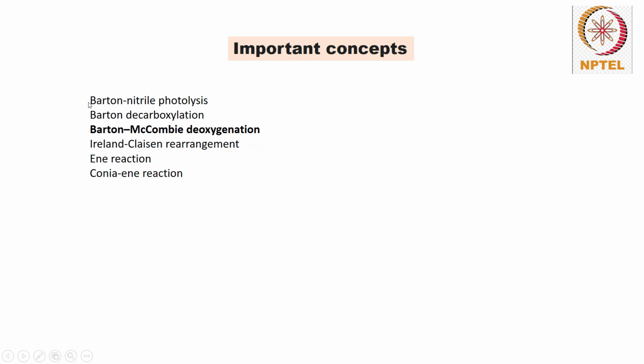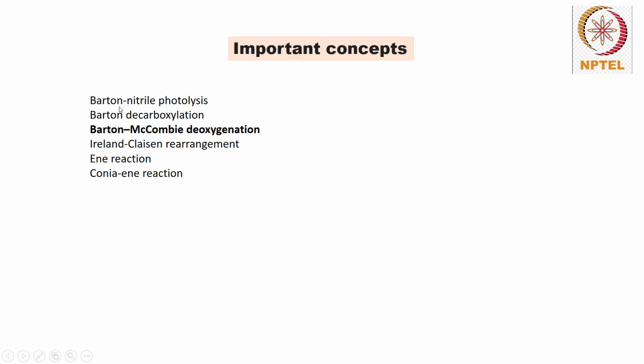In your assignment they have mentioned this Barton nitrite photolysis, but along with that, in this class I'm trying to discuss all three Barton reactions, which were discovered by the same scientist, Derek Barton. He's a Nobel laureate; he got a Nobel Prize for designing organic compound synthesis.